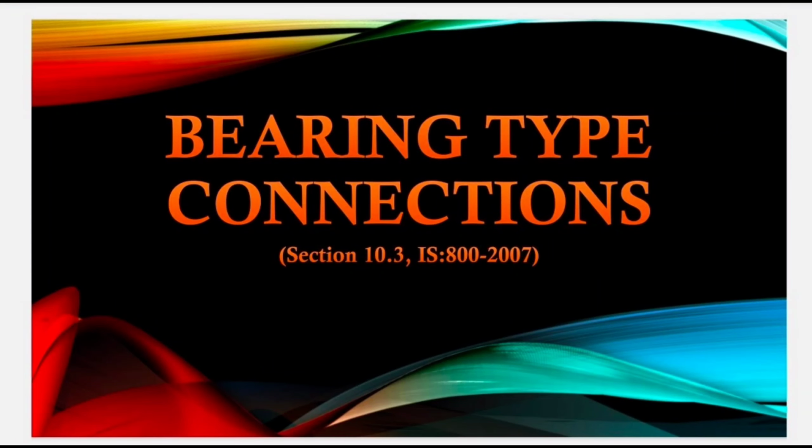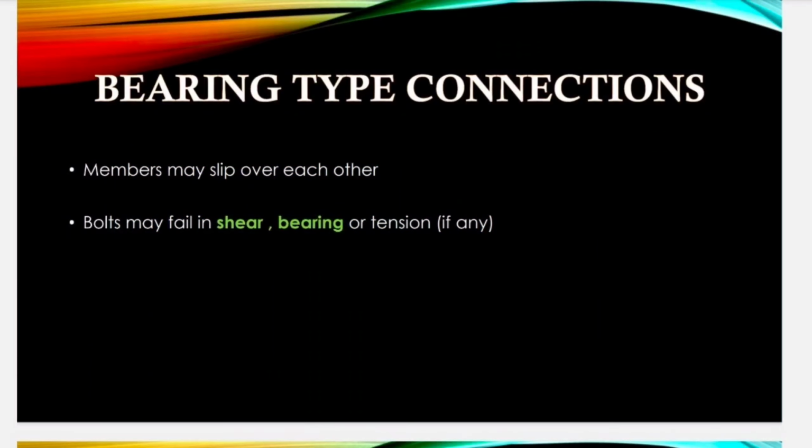Now, bearing type connections as per the IS 800:2007 standard. In a bearing type connection, the two members may slip over each other and the bolt may fail in shear, bearing or tension.